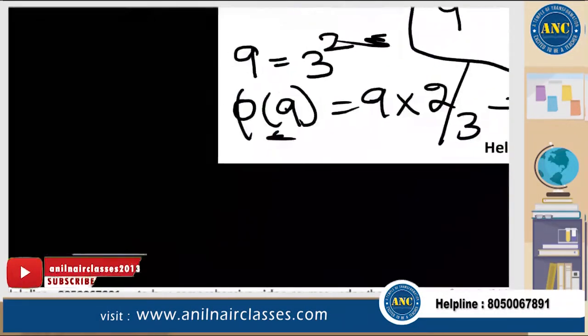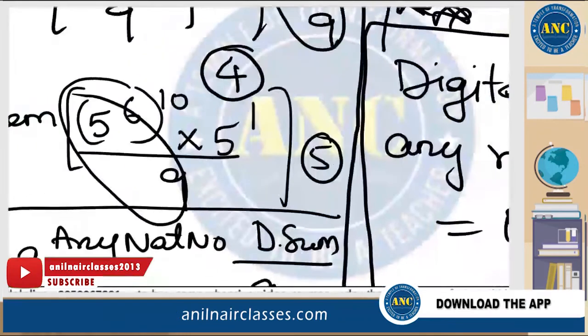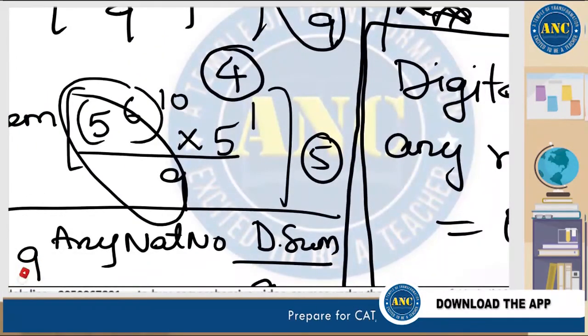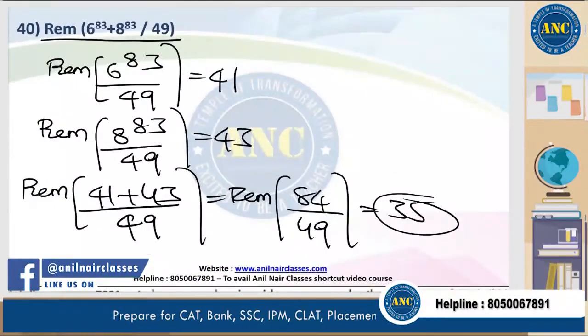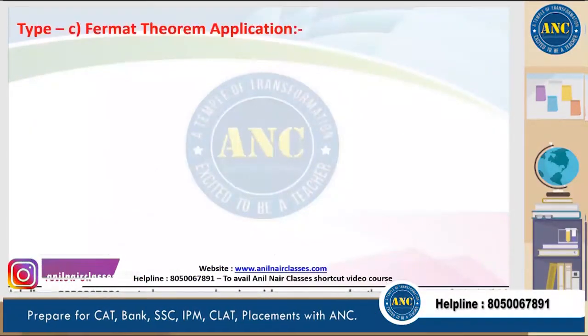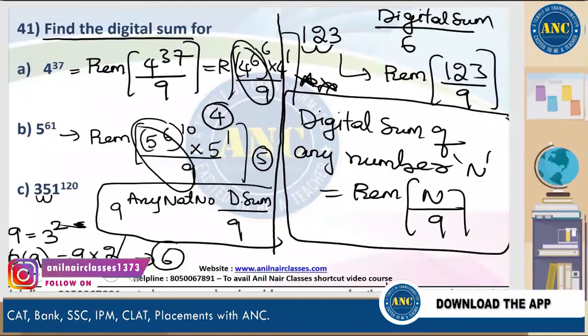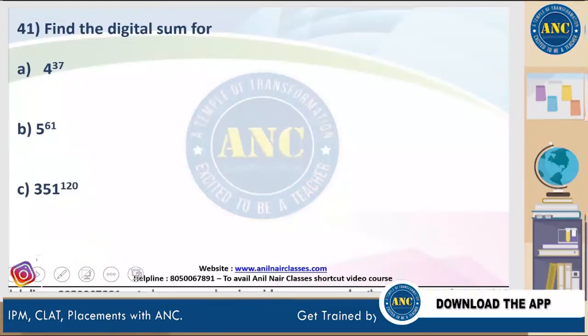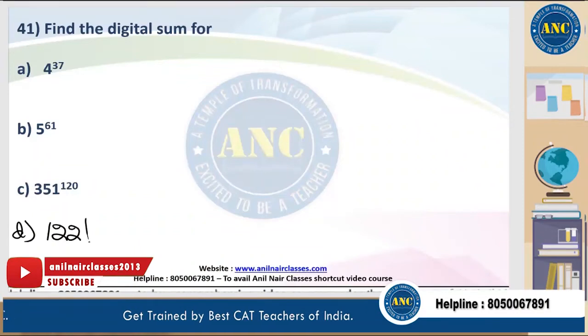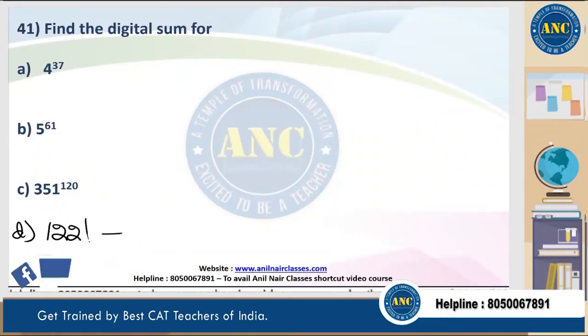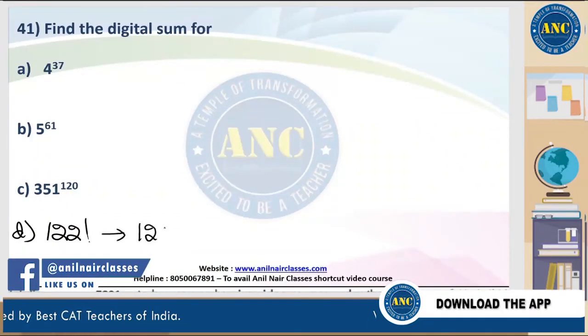What will be the answer? Kindly reply in the live chat. 122 factorial. What will be the digital sum?